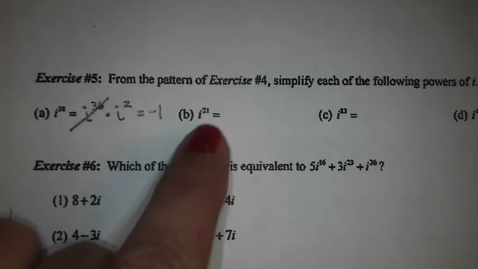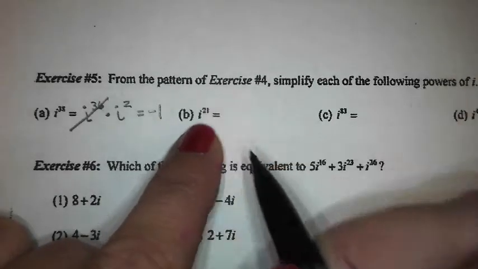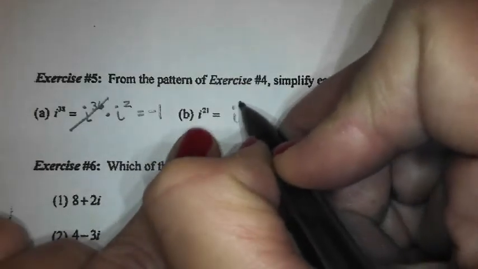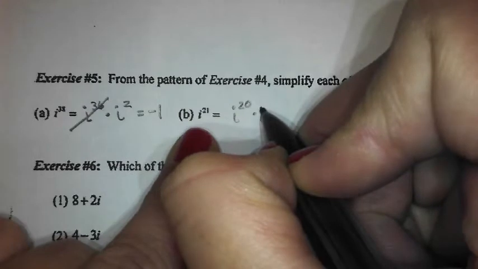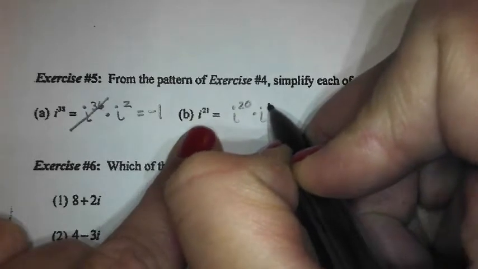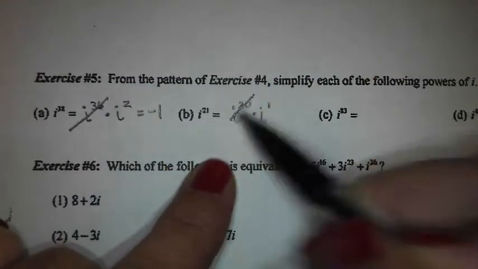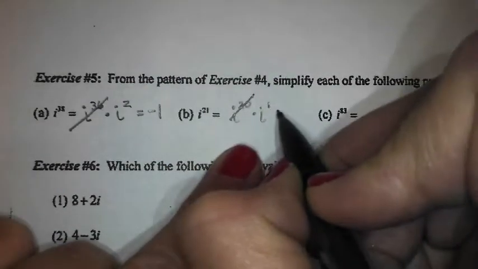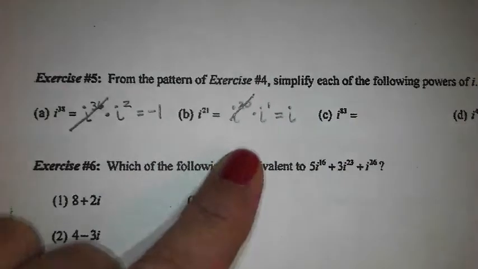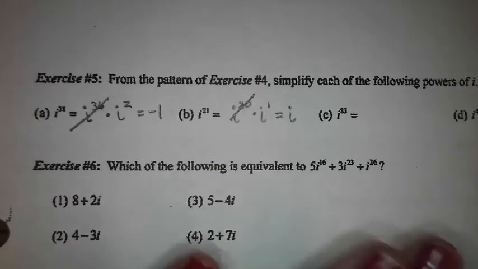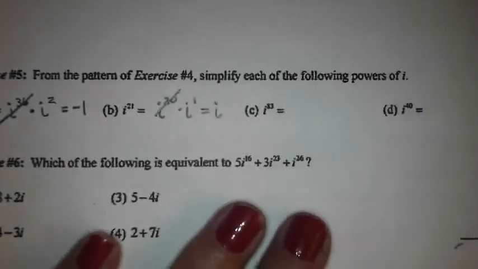i to the 21st. What's the first number under 21 that's a multiple of 4? 20. So I'm going to split this up into i to the 20th times i to the, think exponent rules, first. I can cross out the i to the 20th, so my answer is just i to the first, which is just i. i to the 83rd.